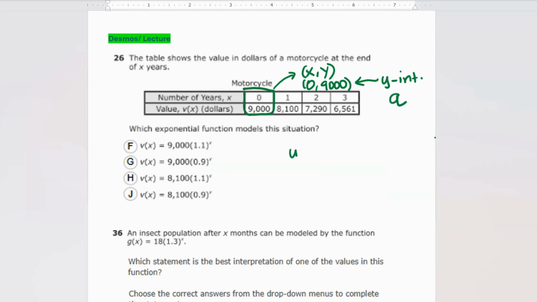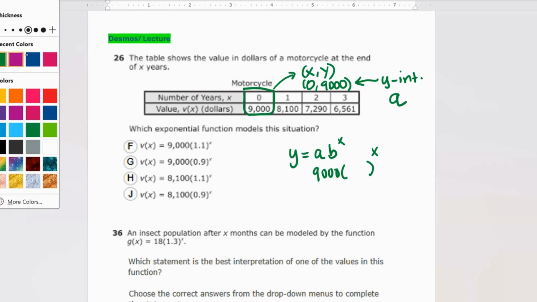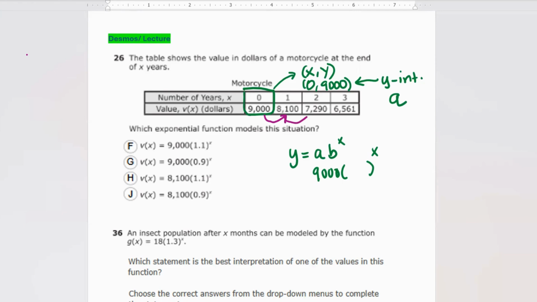So my y equals ab raised to x, and my a is 9,000 for sure because of that 0. Now let's verify b. Looking at these numbers, it's going down, so it's decreasing or decay. So the number inside the parenthesis is going to be 0 point something.